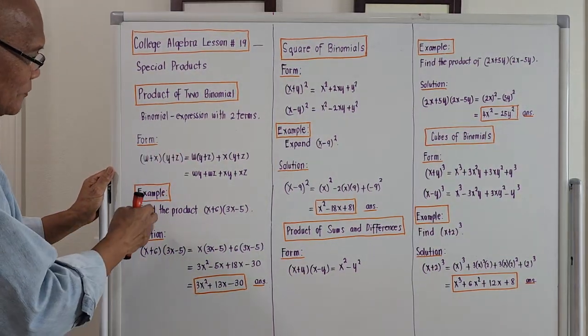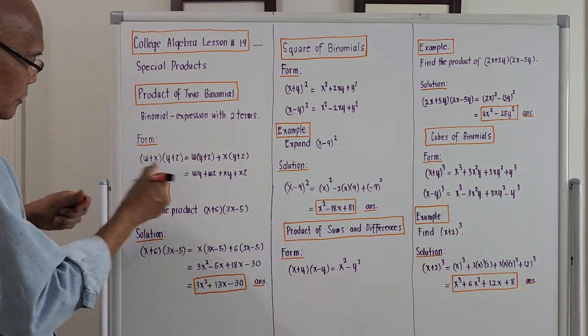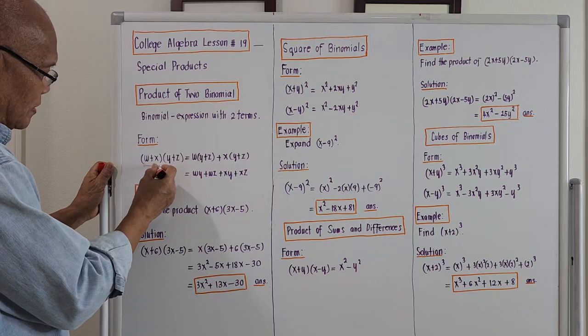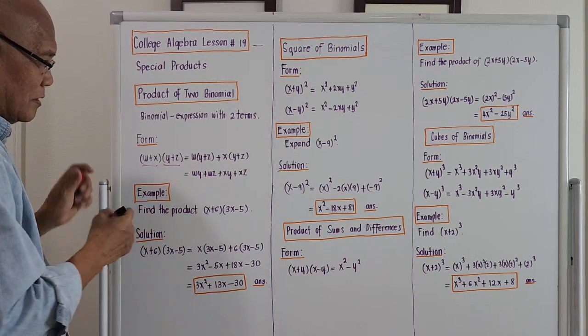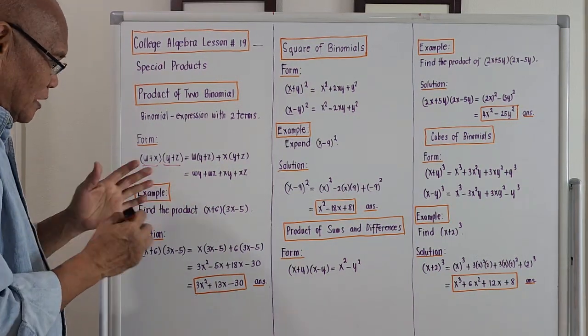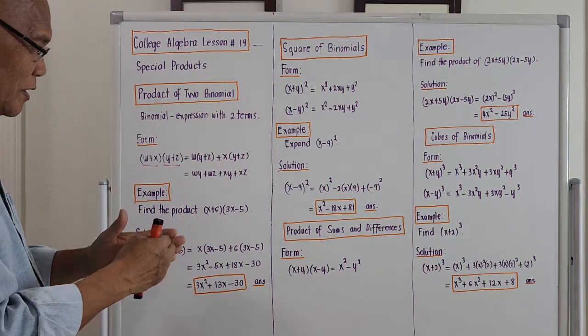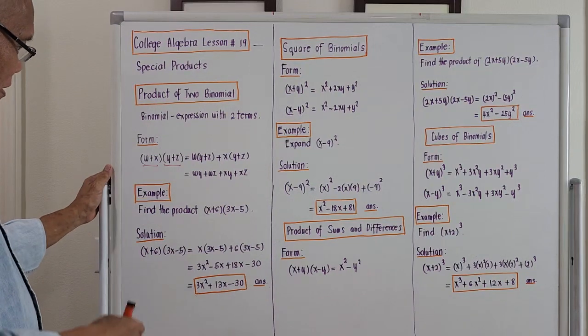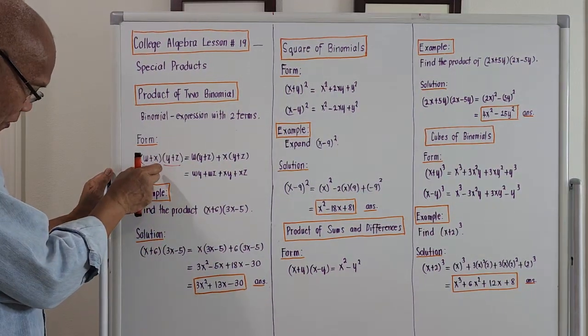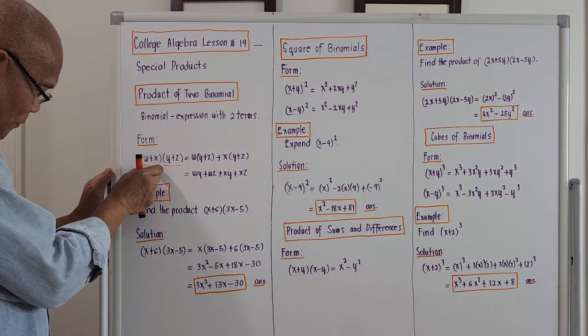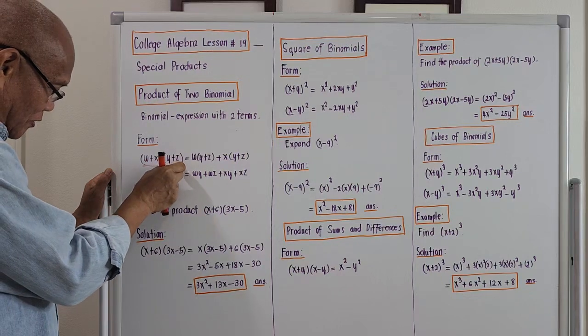The form will be something like this. This is the first binomial and this is the second binomial. So the letter designations are all different, so we could visualize their differences. The product of this, W plus X times the quantity W plus Z.